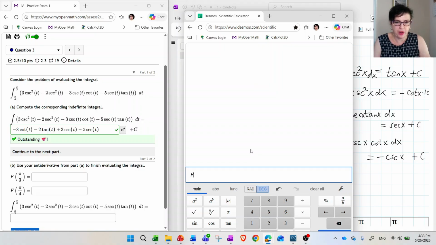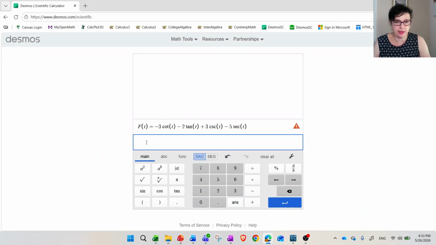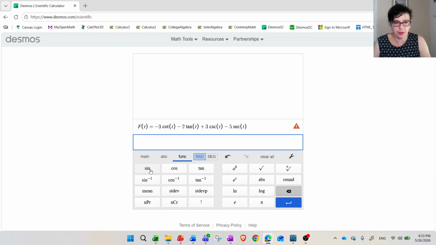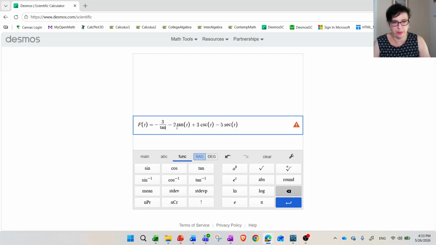If I defined f of t to be all of this stuff, you would have to switch to radians for sure. First of all, Desmos does not understand cotangent. When you go to functions, you can see that there is sine, cosine, and tangent, but there's no cotangent. Cotangent is just 1 over tangent, so you would have to divide by tangent.